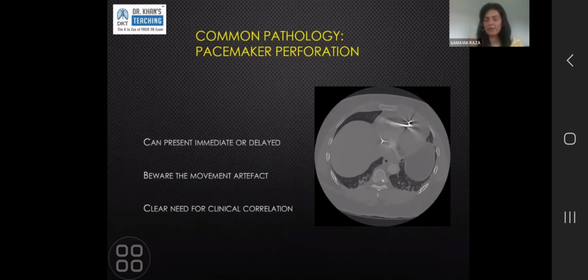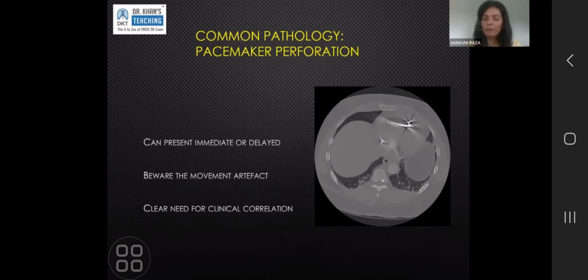That is the bit that paces, not the extreme tip. So cardiologists use their numbers or their values that they can see on their machine to judge whether a pacemaker is pacing or not. If the pacemaker is pacing, the likelihood of it having perforated beyond the vessel, the cardiac chamber wall is extremely low.